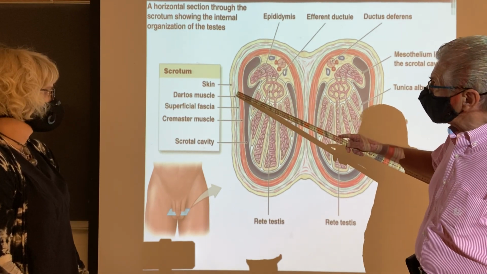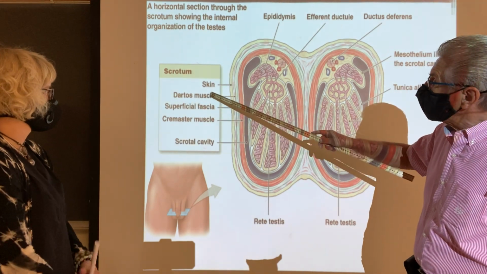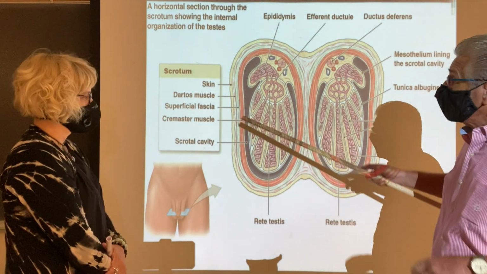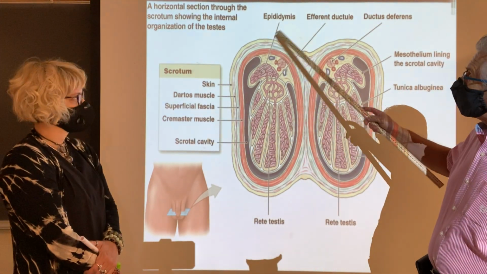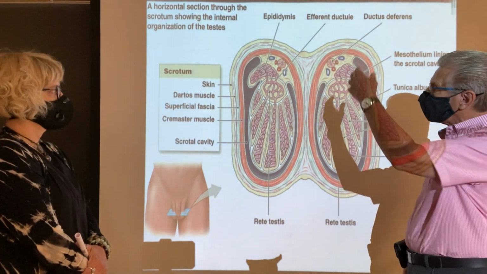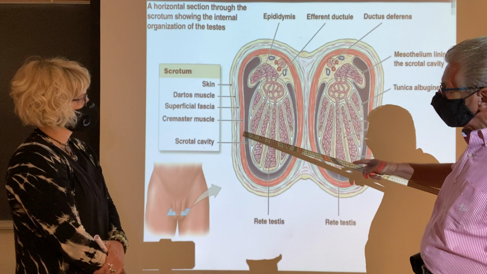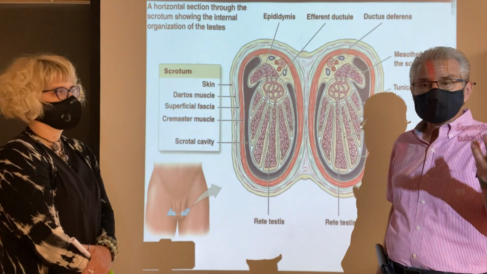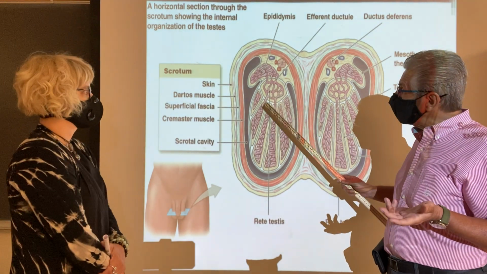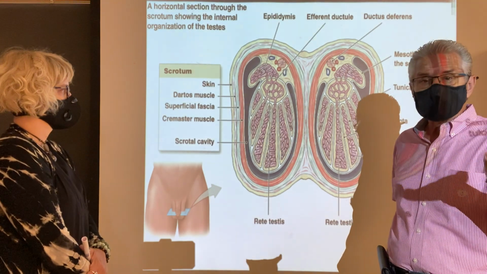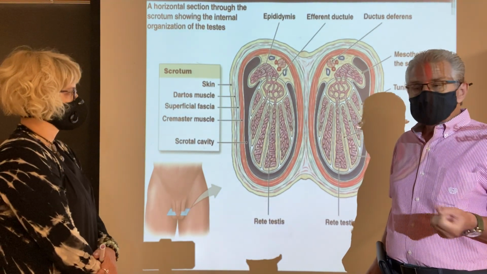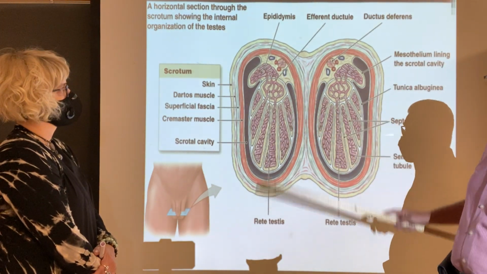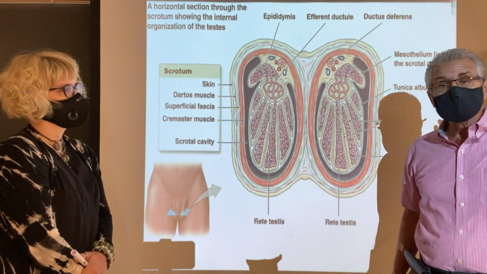Now, the important part about this is that being smooth muscle, it causes wrinkling. The cremaster muscle is an extension of the internal oblique muscle. These are fibers that travel into the scrotum, and they are sensitive to temperature change. So when there is a tremendous amount of cold, you're on a ski slope or you go into cold water, it wrinkles and pulls closer to your body.